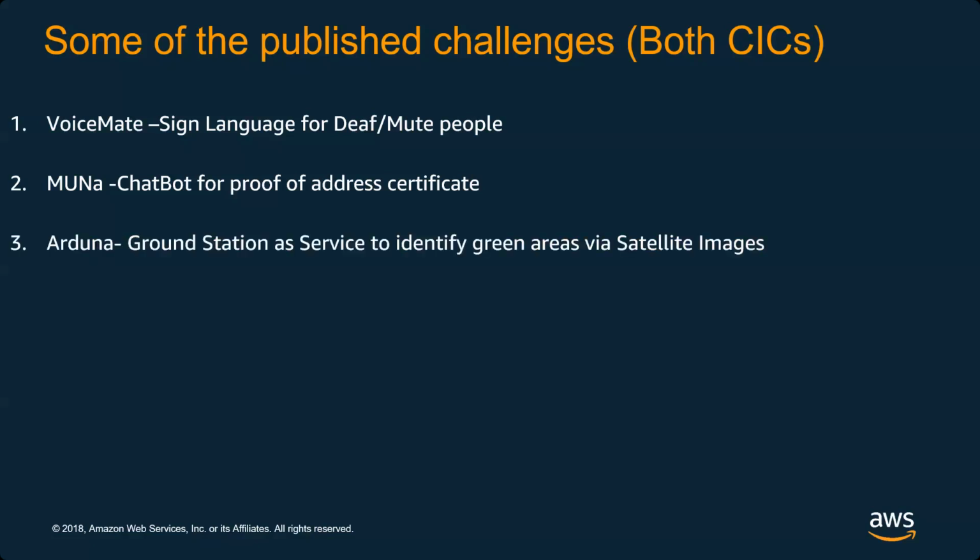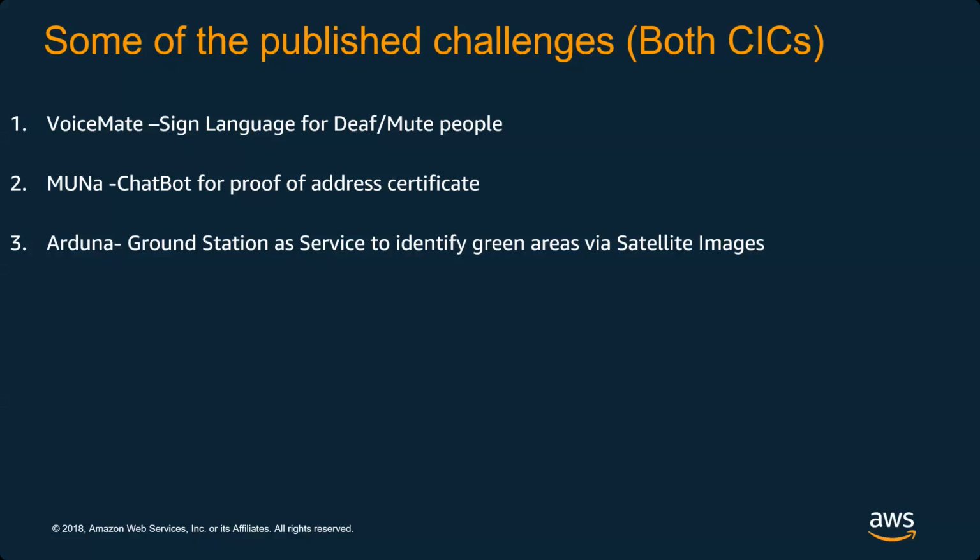Arduna is also, the municipality came to us and said, we have a problem. We cannot define the green areas all over Bahrain, and we pay 20,000 Bahraini dinars, which is around $60,000 every 6 months, for a plane to go all over Bahrain and take pictures, and then they digitalize them, then they label them, then it's out of date.